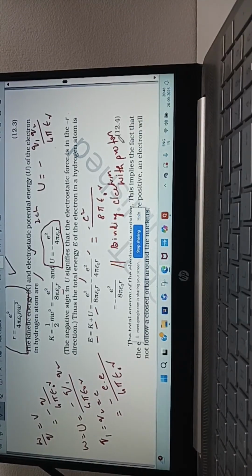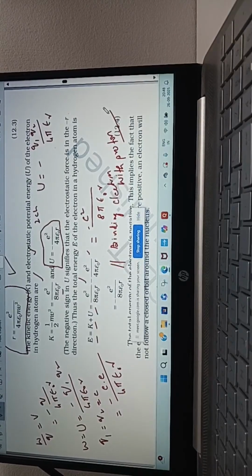Okay. All these steps you write and show me: derivation of kinetic energy, derivation of total energy. Note down the question, I will tell you.